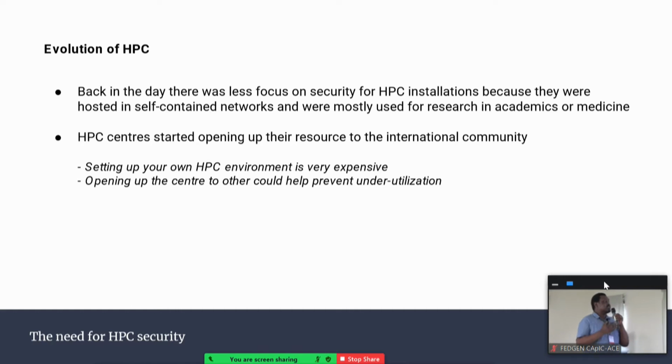So this was thought about, and a lot of HPC centers started to open up their resources for people outside of their immediate community. Now you have universities opening up resources for other universities. You have government agencies allowing other agencies to work with their HPC resources, so that at the end of the day, that resource, because for those of you that are familiar with physical HPC centers, it's very capital intensive.